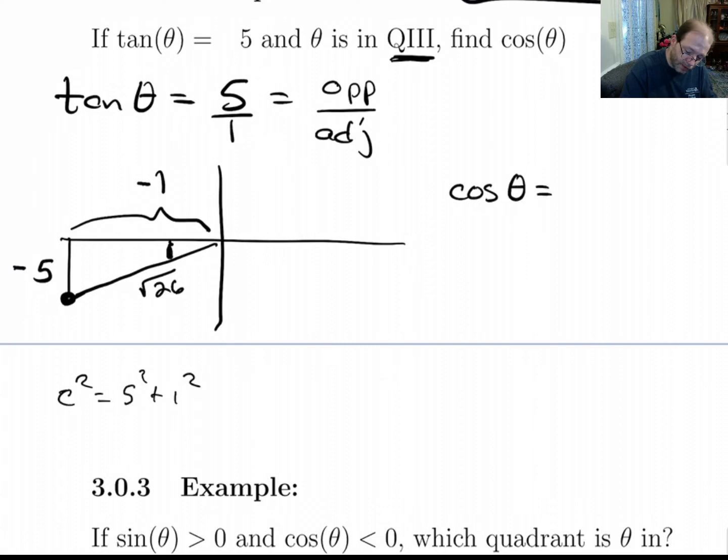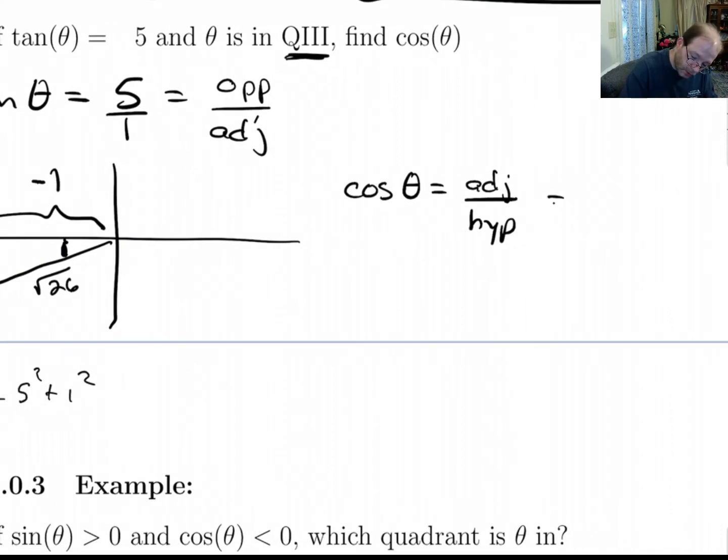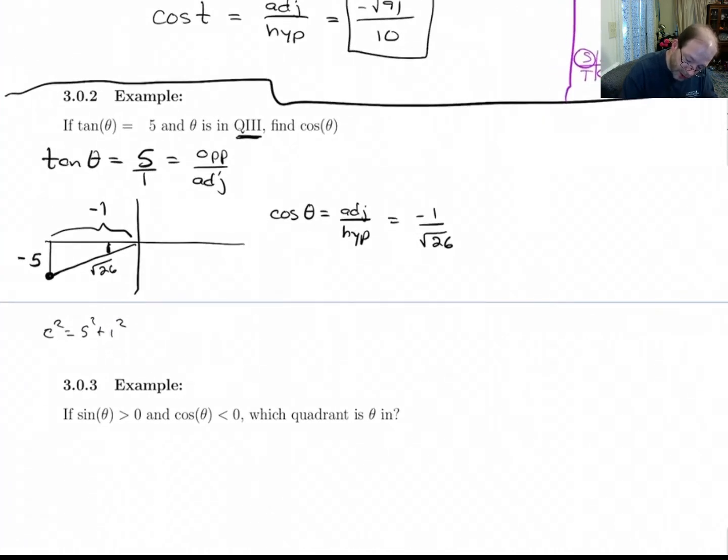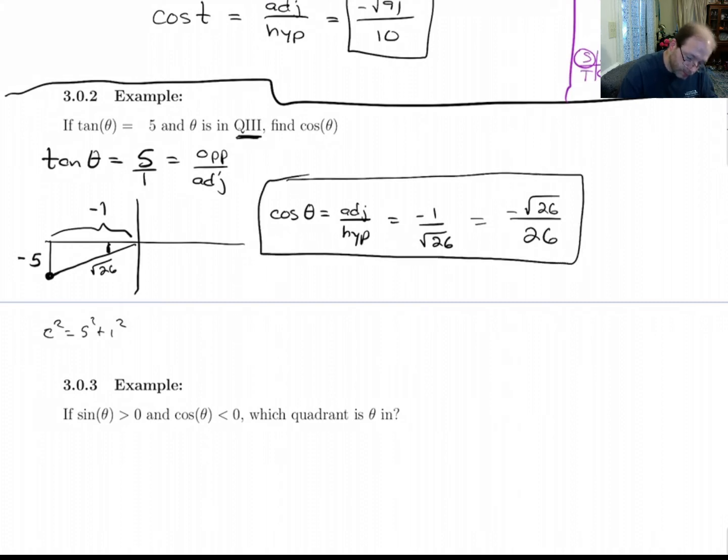Cosine of theta here is going to be adjacent over hypotenuse. So the adjacent side from here is -1. Hypotenuse is root 26. And it's fine with me if you leave it like that. The book would probably rationalize it to get negative root 26 over 26. Okay, that's doing it by drawing it out. That's sort of the proper way to do it.